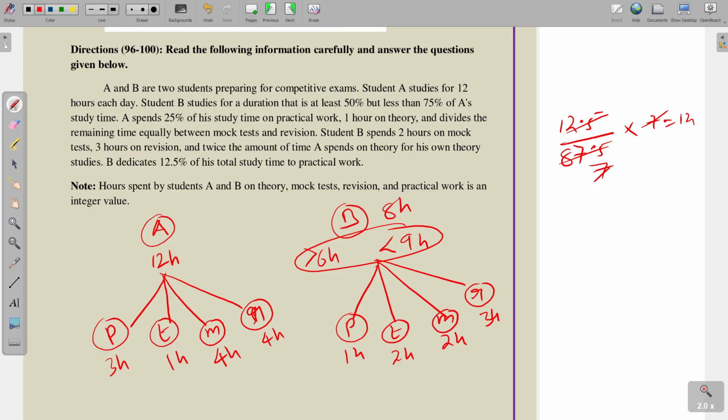So the hours spent by A and B on theory, mock test, revision and practical are integer values.